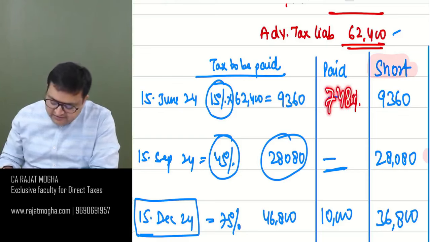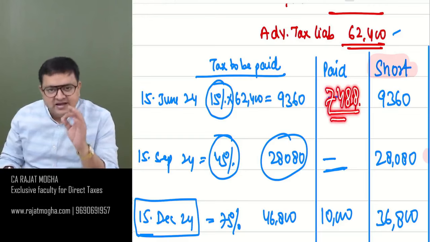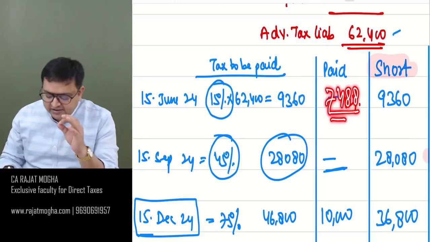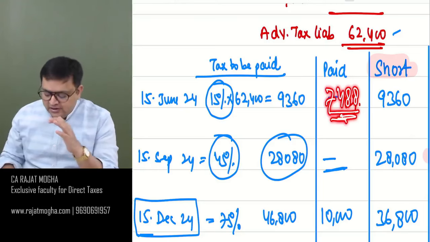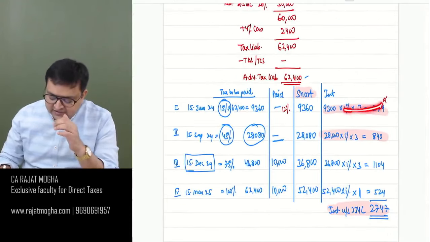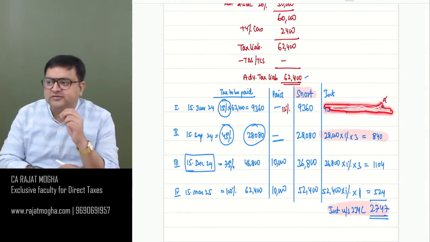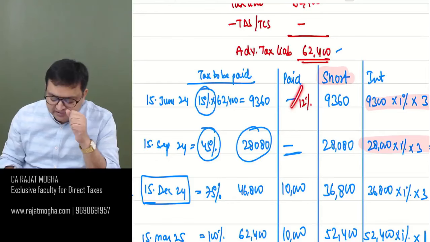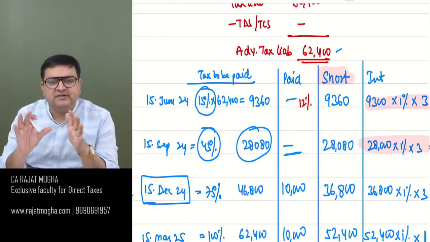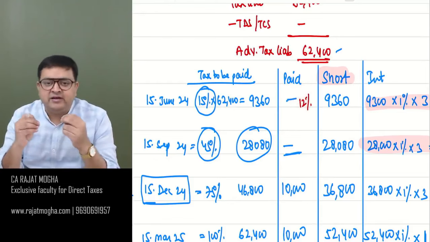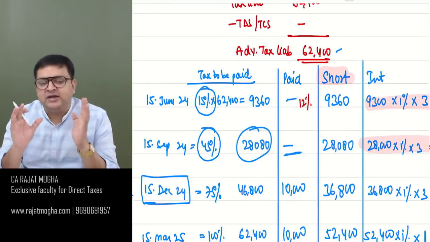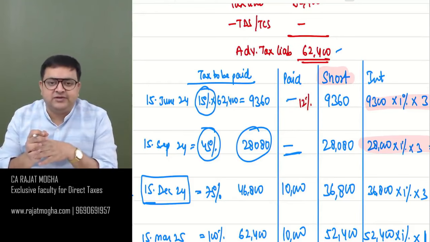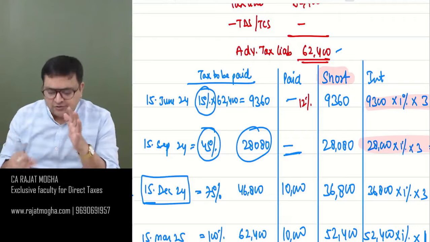Even if the assessee would have paid 7488 or more, I would have relaxed this and not charged interest on this installment. But if the assessee has paid nothing or less than 7488, then whatever is the short amount, I will attract 234C.